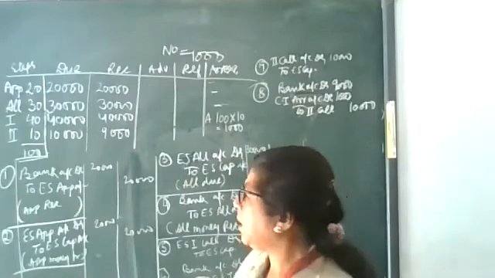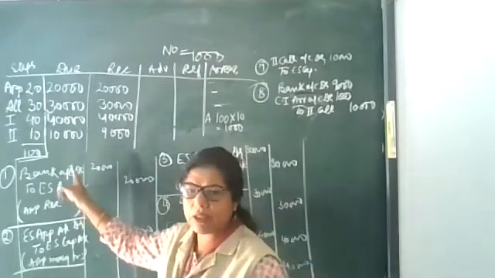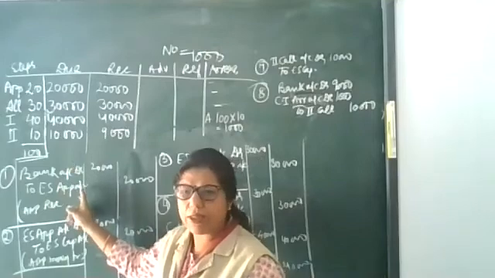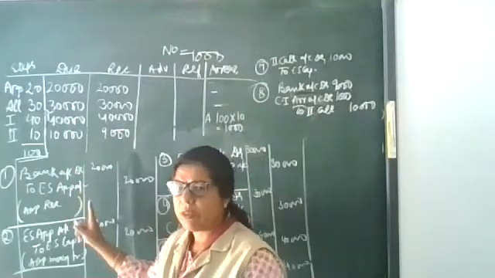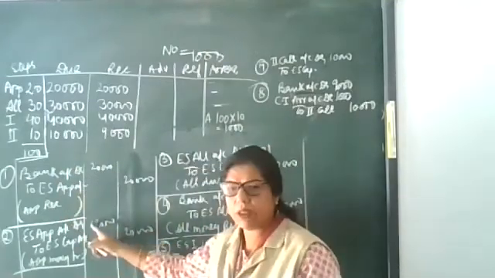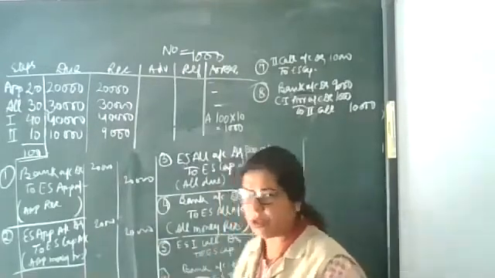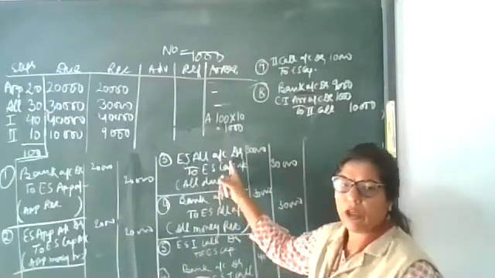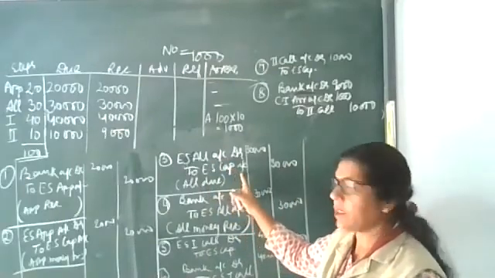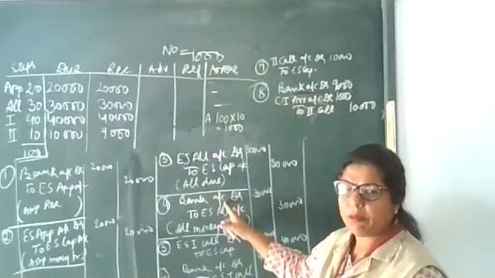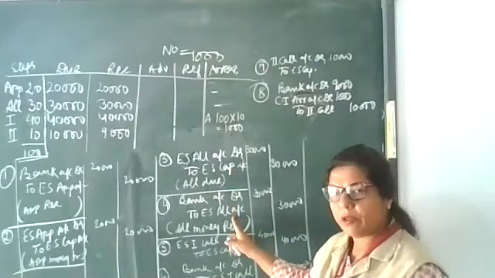I am going to explain them to you. Look at the board. First, application money received, so bank debit to application. Second, this application money is transferred to capital, so application to capital. Then third, allotment debit to capital. Fourth, bank debit to allotment.